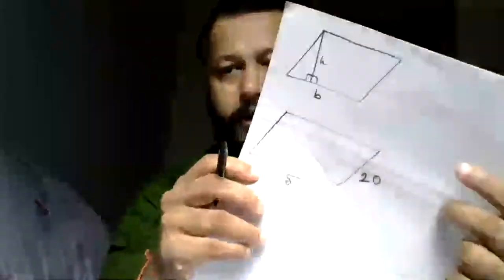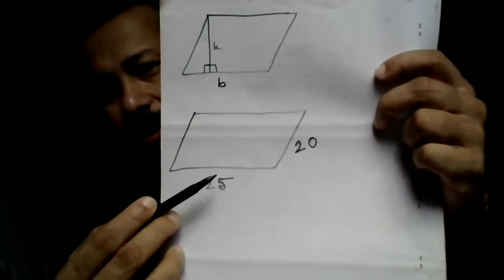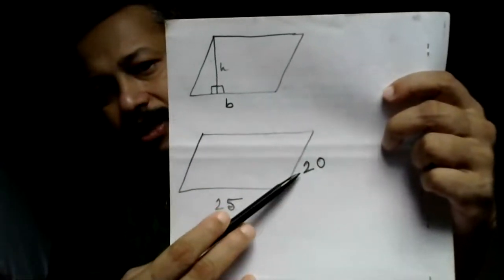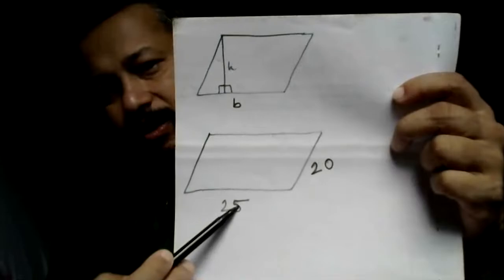This is 25 and this is 20 centimeter. Can you see this parallelogram? This side is 20 centimeter, this side is 25 centimeter. Now, with the side 25 centimeter, the height is 10 centimeter.